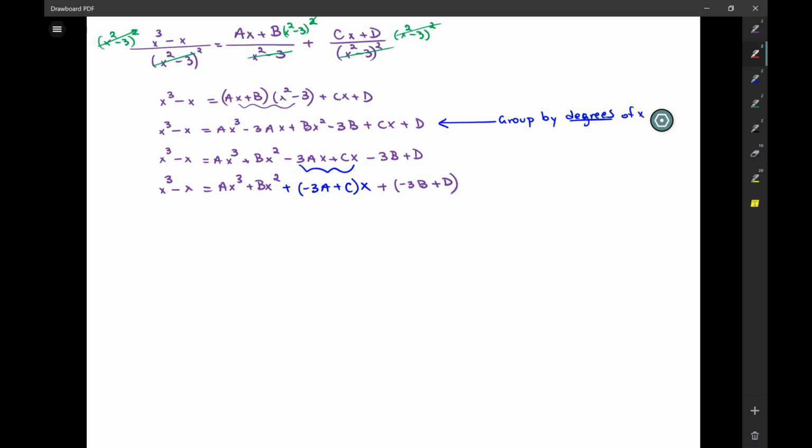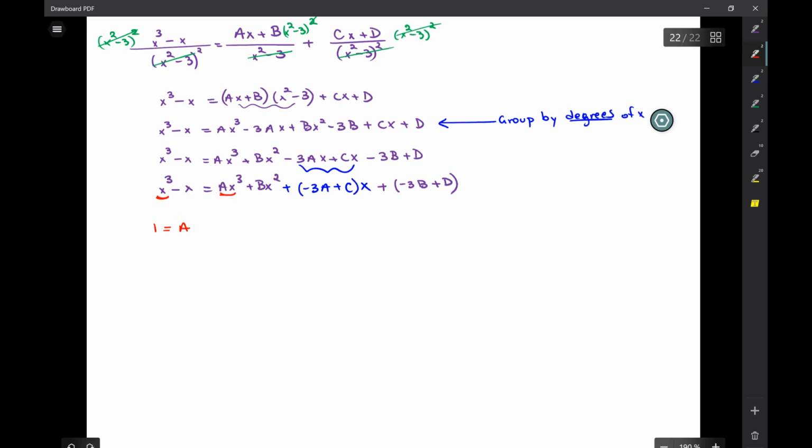So here's how I do it. This is the x cubed term on the left. This is the x cubed term on the right. On the left, what's the coefficient of the x cubed term? 1. What about here? A. You set those equal to each other. So you say 1 equals A.